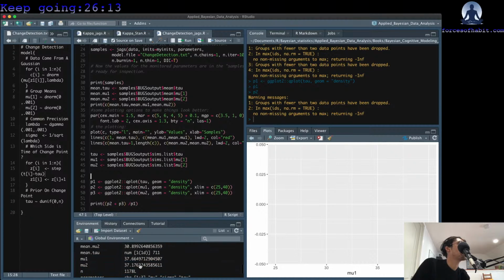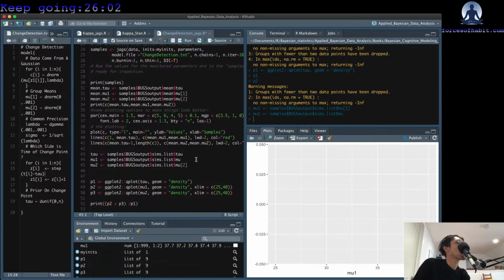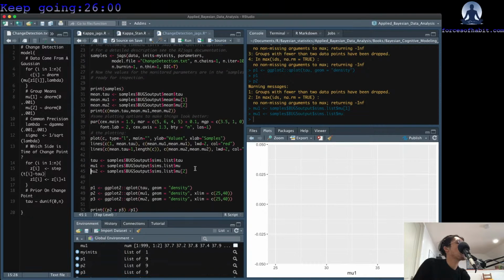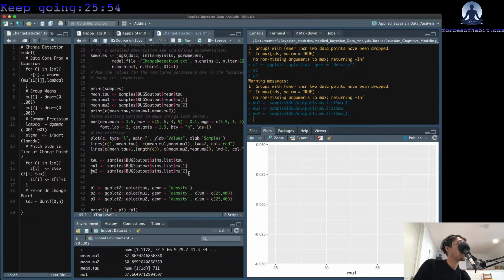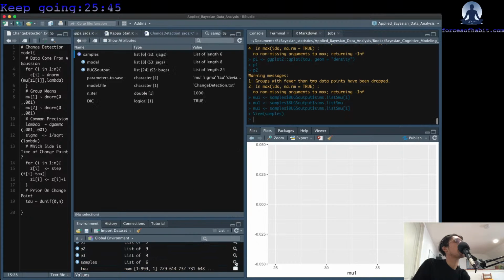P2 is breaking because I'm just not accessing it right.